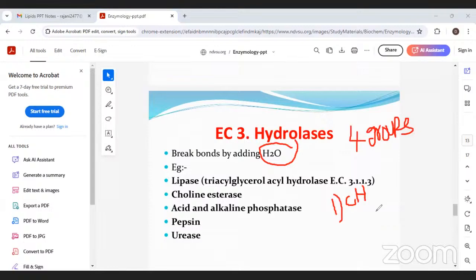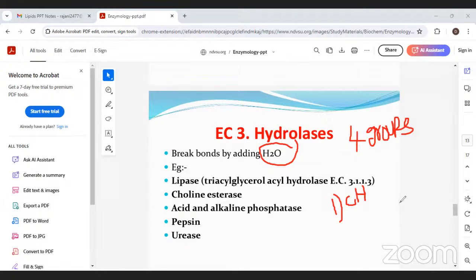Most of the polysaccharides, disaccharides, or small oligosaccharides are hydrolyzed to simple compounds. Polysaccharides, disaccharides, or small oligosaccharides are hydrolyzed to simpler compounds.